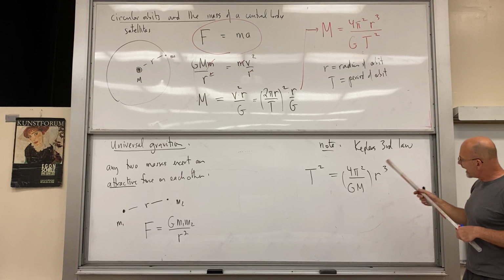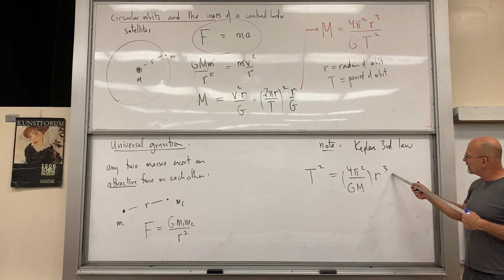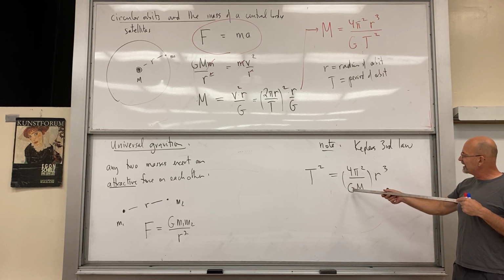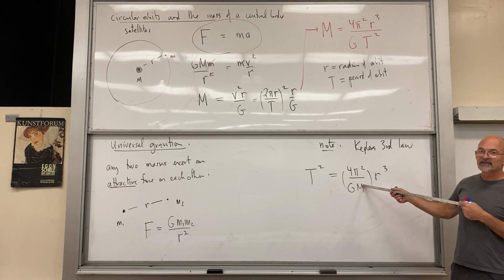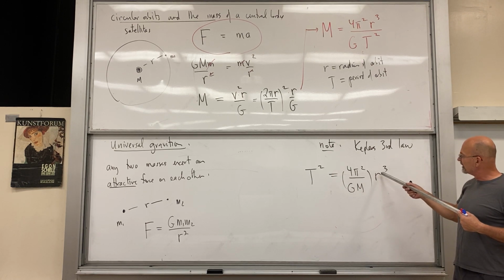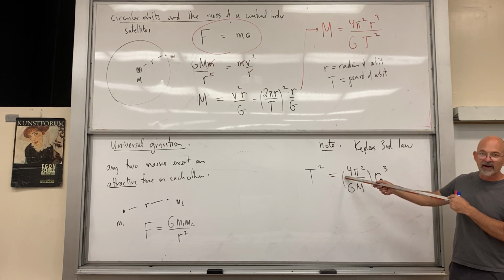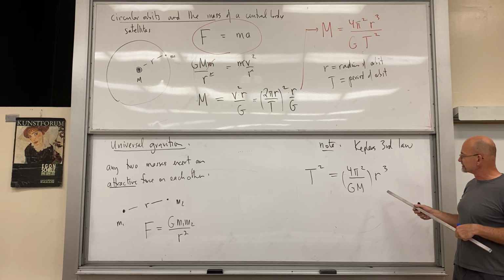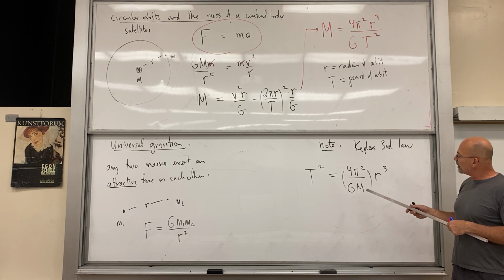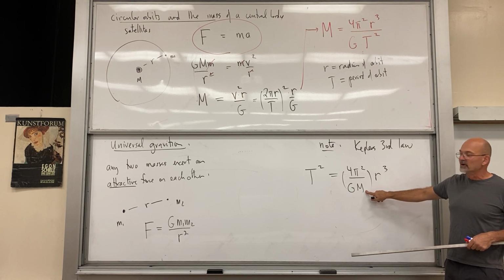And so when Kepler found his law, he found the ratio of these two were always equal to the same number. He didn't know G, he didn't know the mass of the sun, but it turns out that that's what this ratio was. If you take T squared divided by r cubed, you just ended up with my expression in parentheses here. But the same thing holds true if instead of the sun, you're talking about the moons of Jupiter.